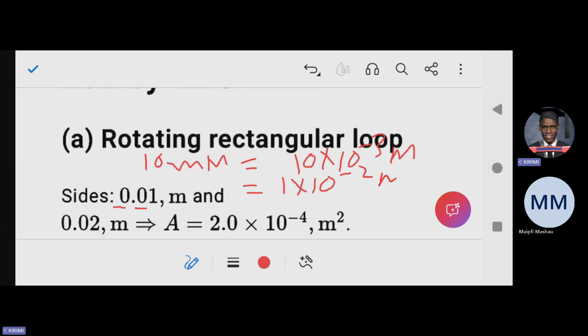If you want to write it as a decimal, 0.01 meters. You do the same for 20 millimeters, it will be 0.02 meters.